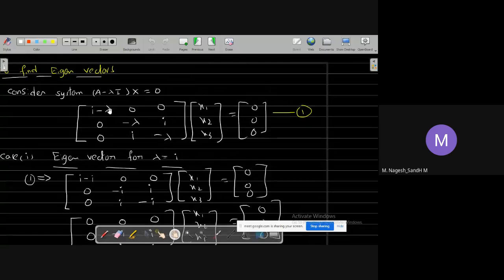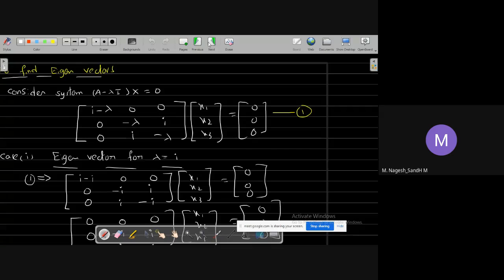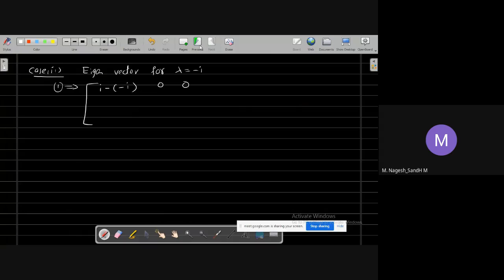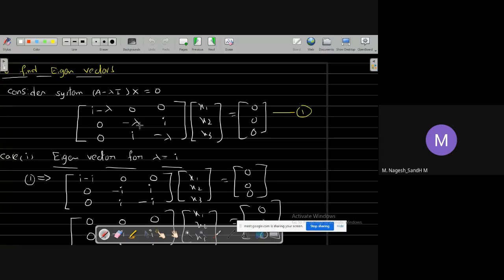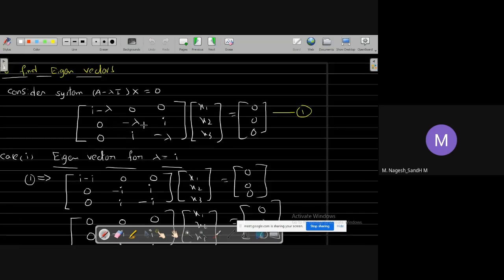In the lambda place you have to substitute minus i. So i minus of minus i in the lambda place. 0, 0. Next 0 minus lambda, no? 0 minus i value, what is it? Minus i. I'm just substituting the lambda value minus i.